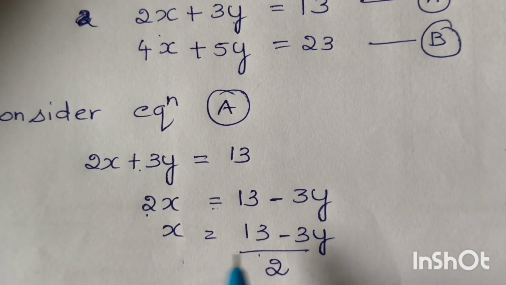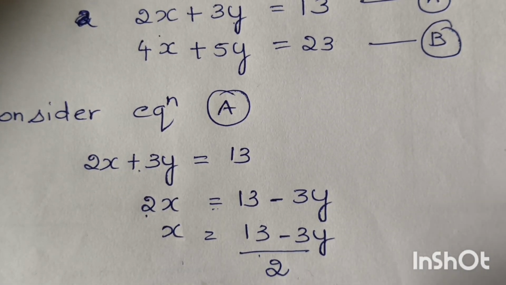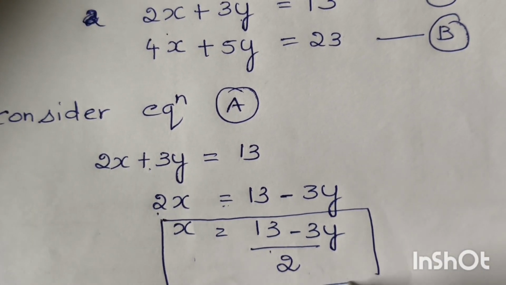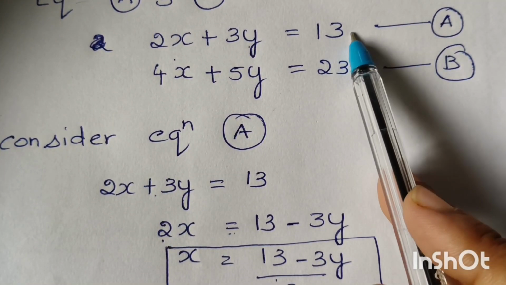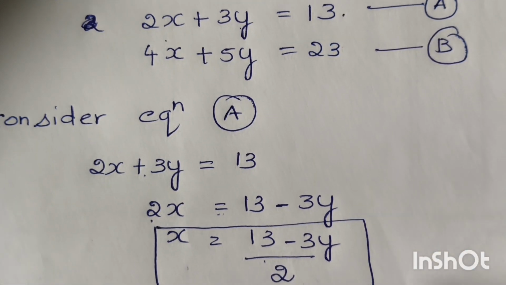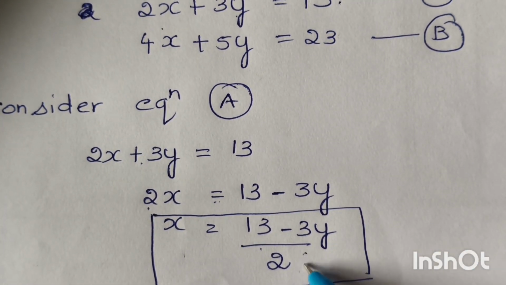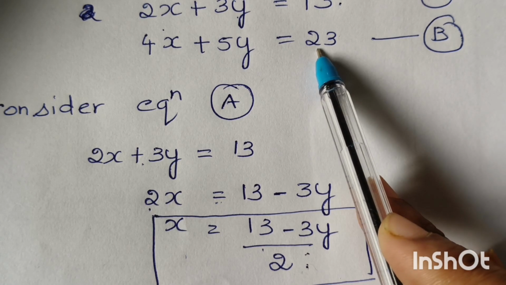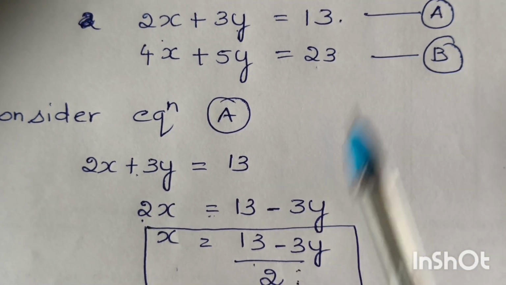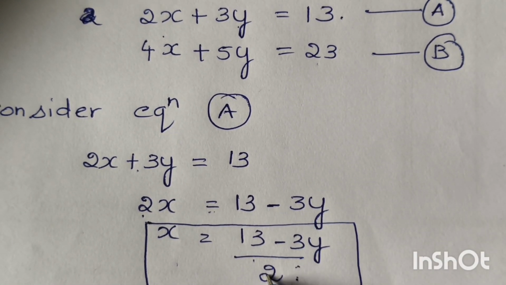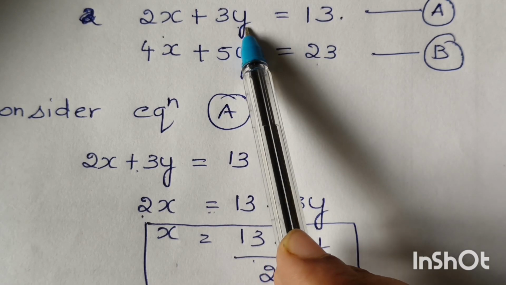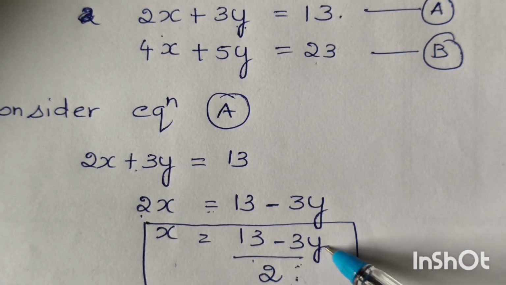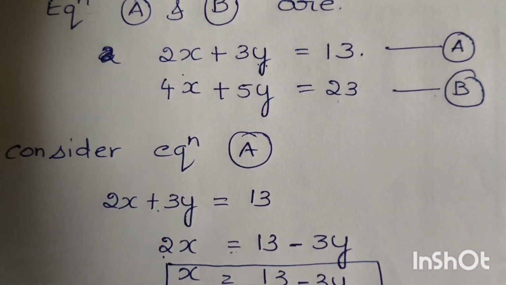That is, x is equal to 13 minus 3y by 2. We got this from equation A. Now we have to substitute the value of x in equation B. Here we have got the value of x from equation A. Now we have to substitute this value of x in equation B.